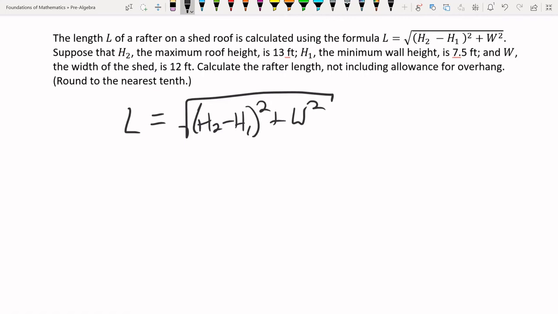Suppose that h2, which is the maximum roof height, is 13. In other words, h2 here is 13. h1 is 7.5. So let me write it like this. h2 is 13, h1 is 7.5, and w is 12.